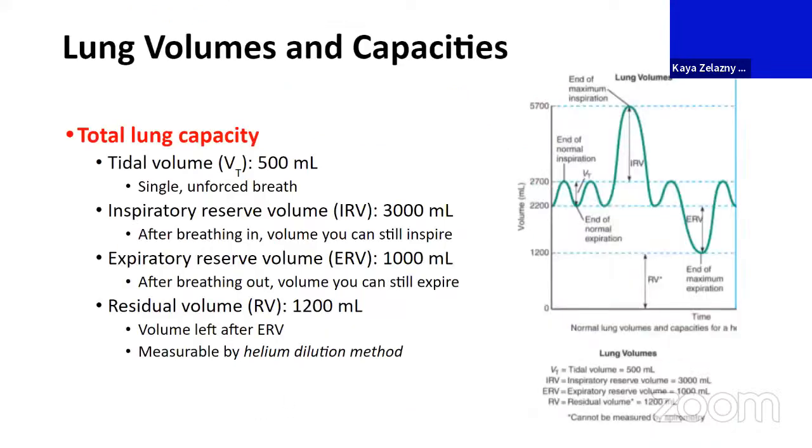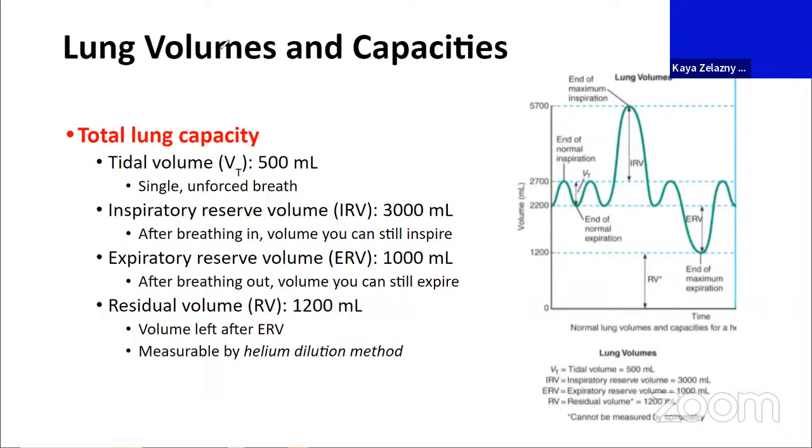All right, so we're going to start by thinking about how we break up our total lung capacity. For our total lung capacity, we're going to be adding together many different volumes of air. Okay.